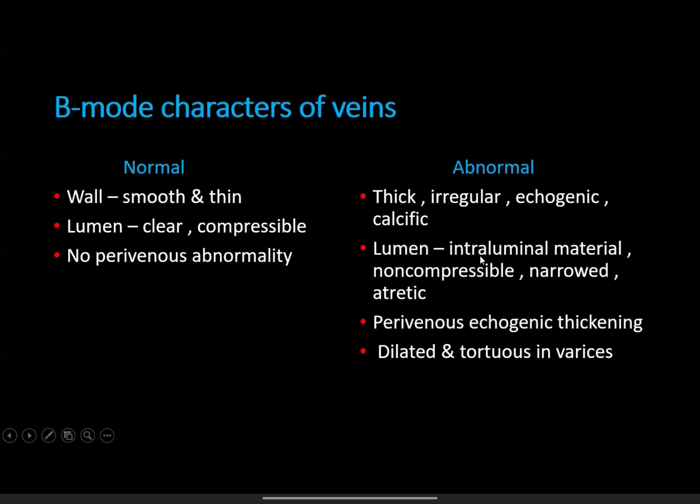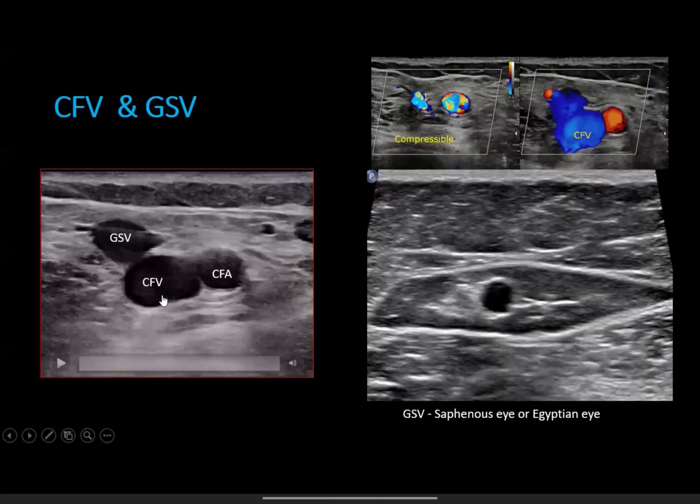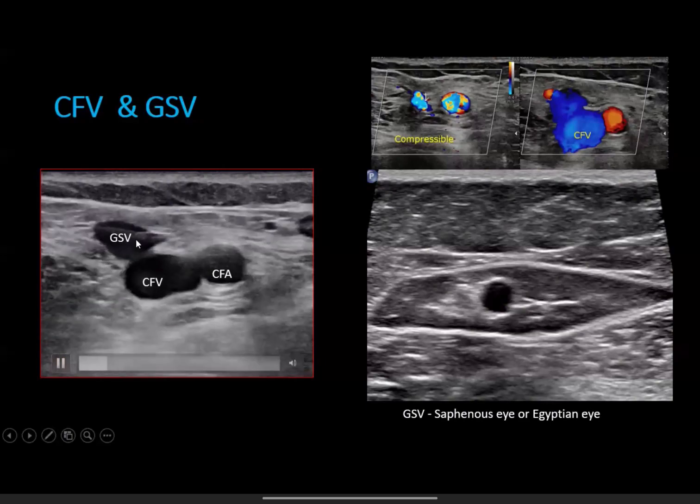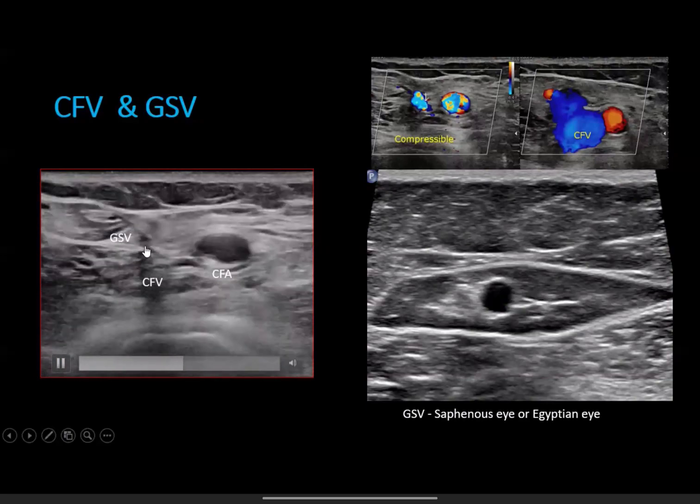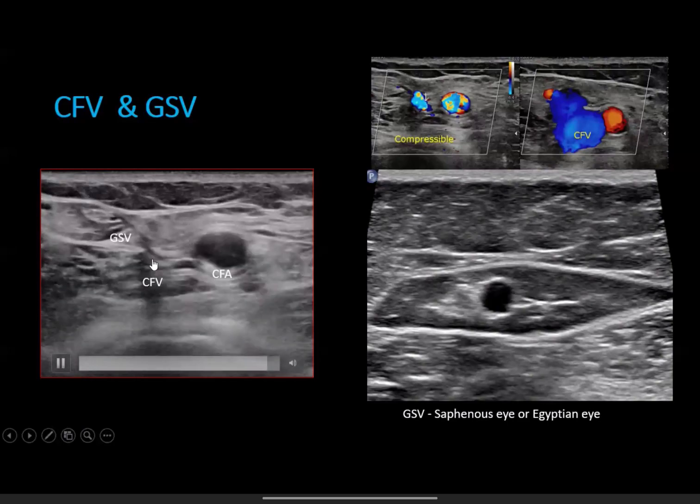Or in post-thrombotic syndromes, we may see a narrowed lumen and atretic segments. There can be perivenous echogenic thickening in cases of superficial thrombophlebitis or when there is acute phlebothrombosis. There can be abnormally dilated and tortuous veins in case of varicose veins.